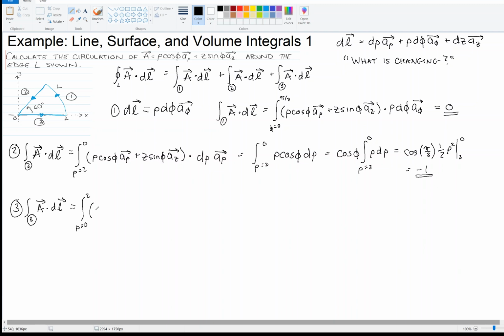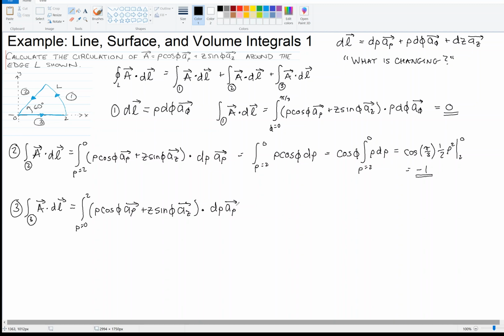Now I've got, again, my vector field, rho cosine phi a_rho plus z sine phi a_z, dotted with what is dl? Well, we come up here and we already said that rho is the only thing that's changing. In other words, d phi is 0, dz is also 0. So this is just d rho a_rho.